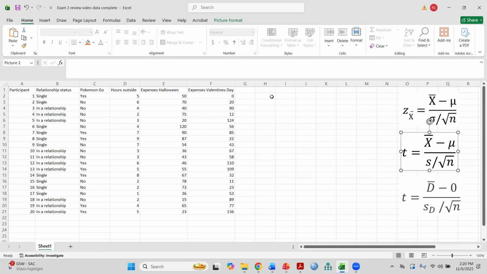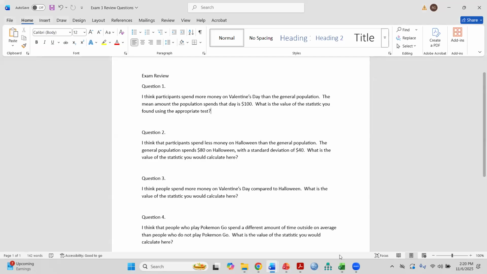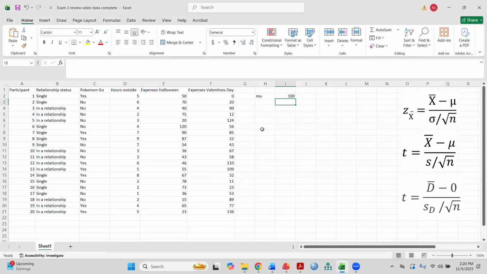So if we were going to do that, we've got the population mean, which is mu, right? And mu is $100. We know that mu is $100 for this population. But we are interested in understanding whether our particular sample is going to spend more money on Valentine's Day than that.